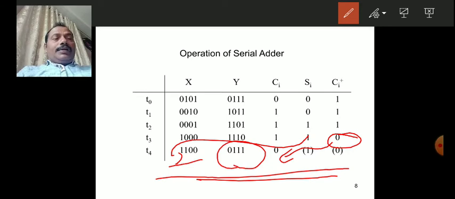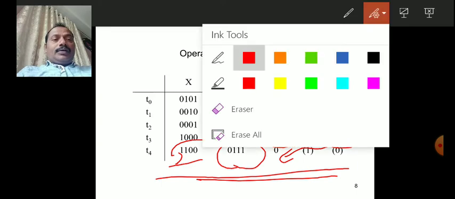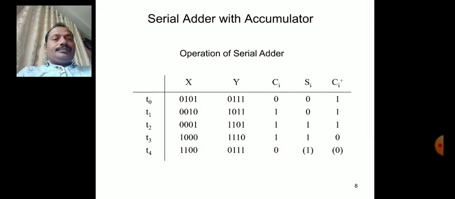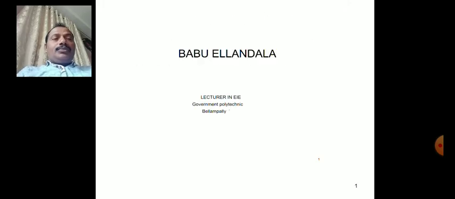Similarly, you can take different examples and analyze the circuit, because for every clock pulse, this will happen. This is the important diagram you have to learn.